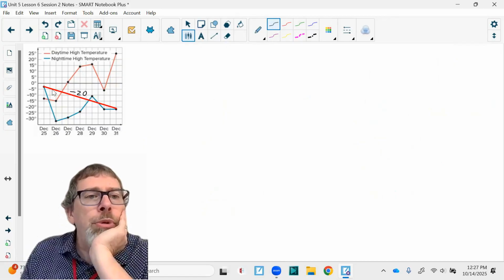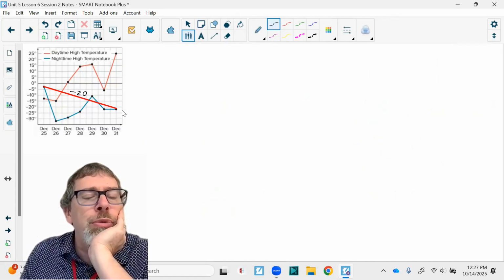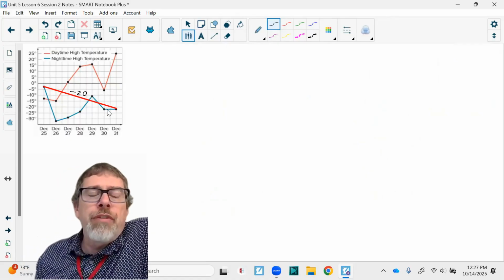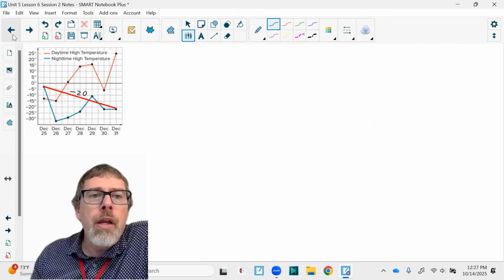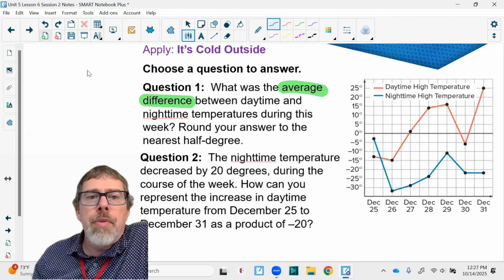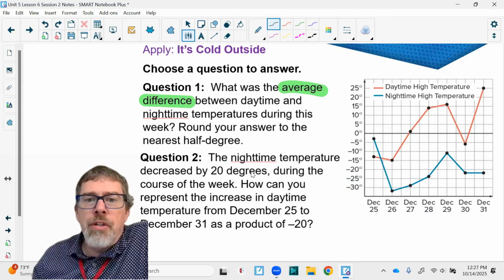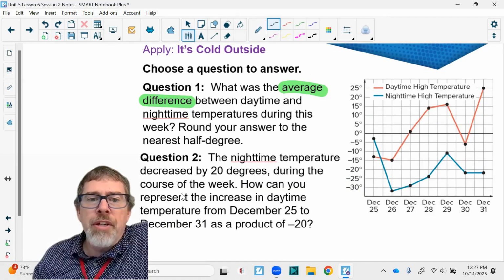Okay. So we went from -3 to -23 is what it looks like, or -2 to -22. That's a drop of 20 degrees. Then it says, how can you represent the increase in daytime temperature from the 25th to the 31st as a product of -20?